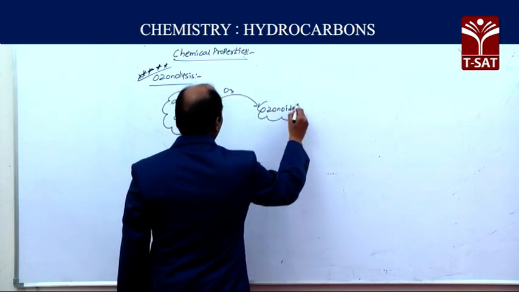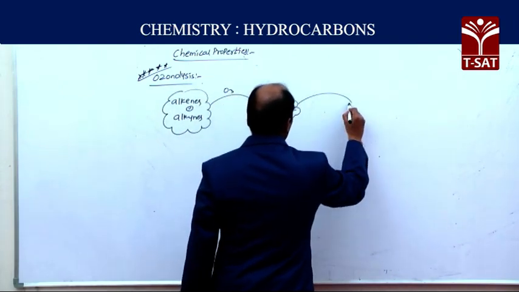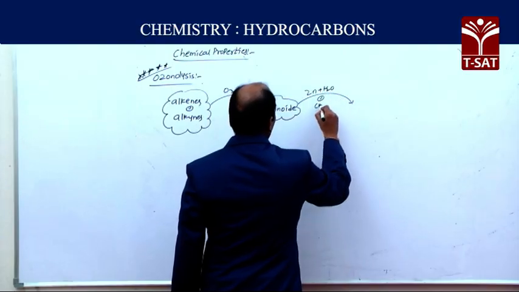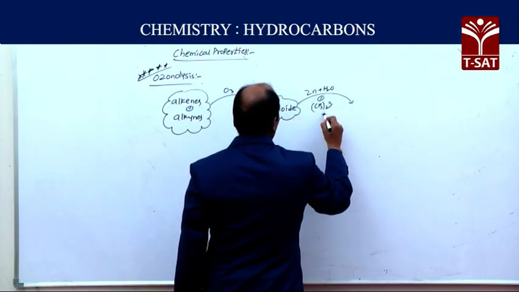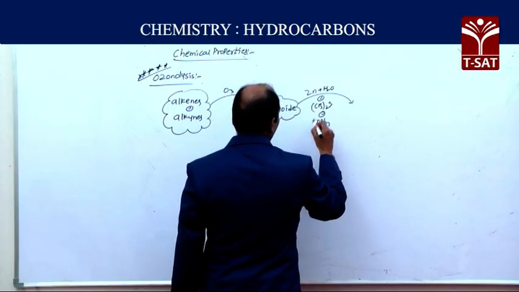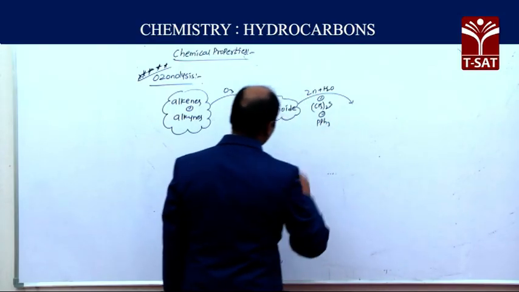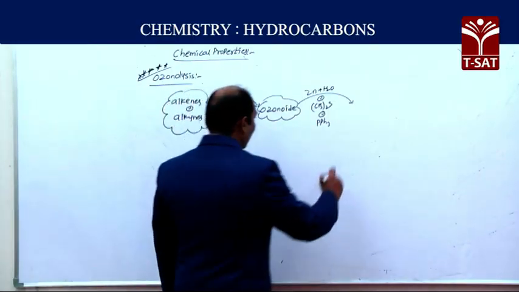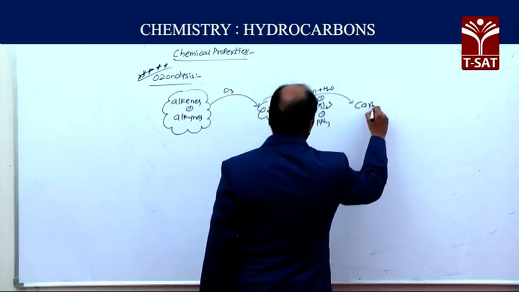This ozonide is subjected to, suppose, zinc plus water, or dimethyl sulfide, or triphenyl phosphine. If this is treated with zinc water or dimethyl sulfide or triphenyl phosphine, this ozonide is converted into carbonyl compounds.